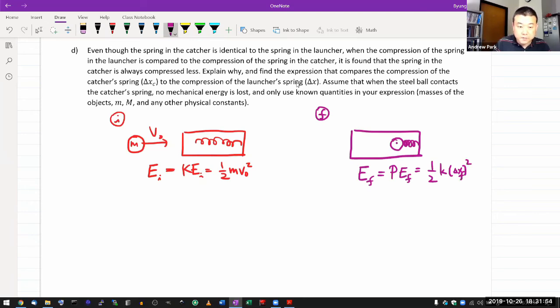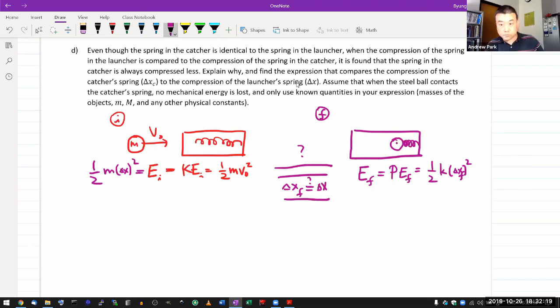And go back here, realize that this kinetic energy comes from the spring potential energy that we talked about in part A earlier, 1/2 k delta x squared. If you try to set these two equal to each other and say that delta x final is equal to delta x, then you will run into a problem.